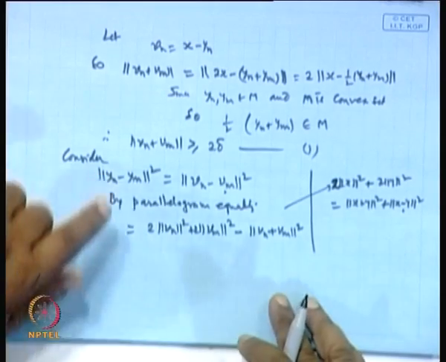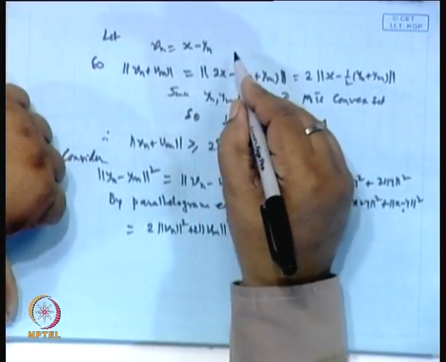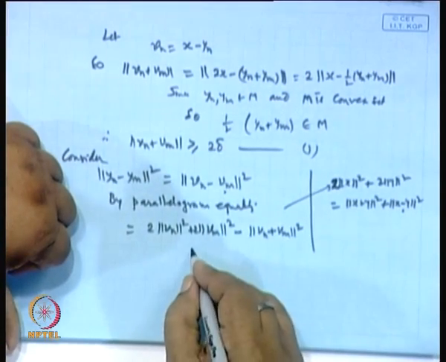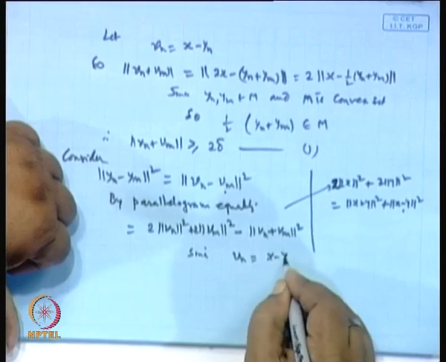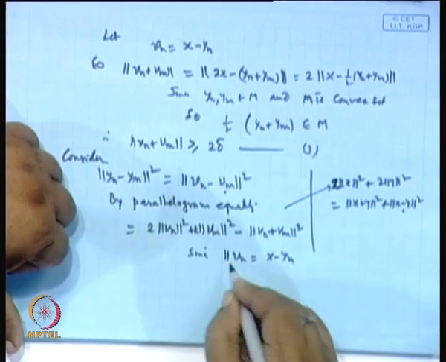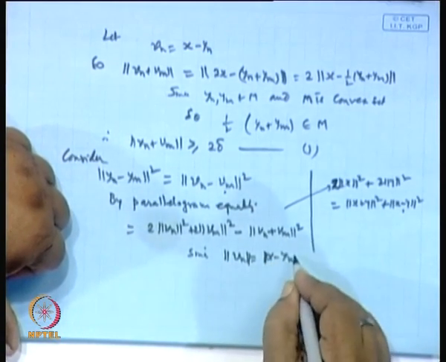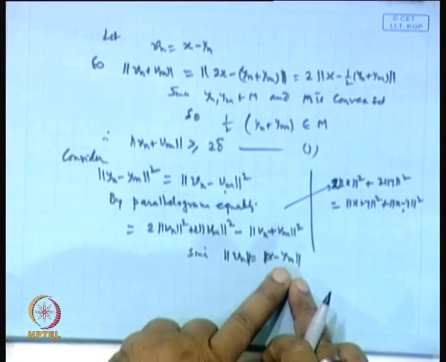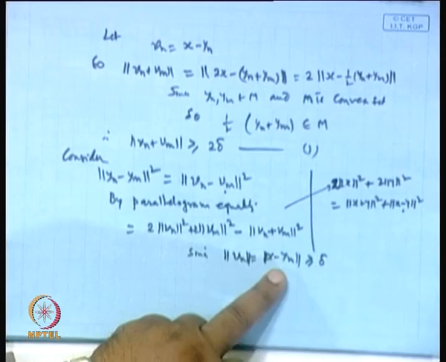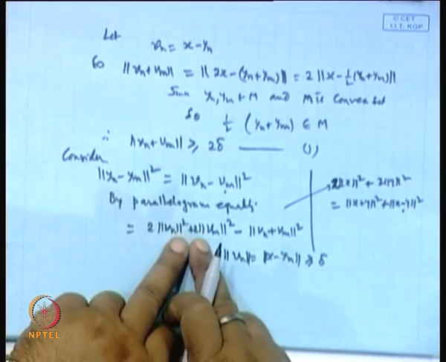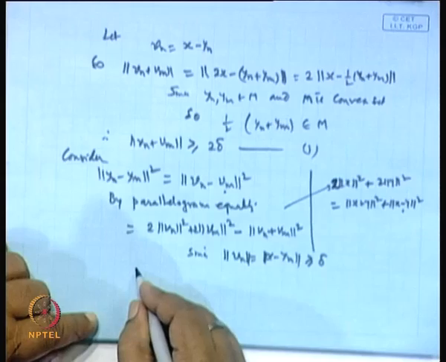Now, what is the norm of V n? Since V n is equal to x minus y n, the norm of V n equals the norm of this. y n is a point in M, so this will be greater than or equal to delta. Similarly, y m is also greater than or equal to delta.